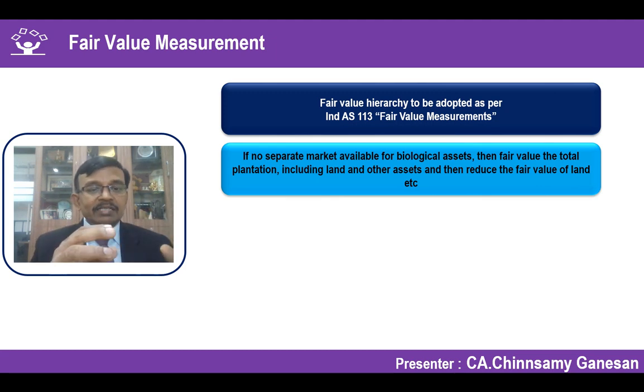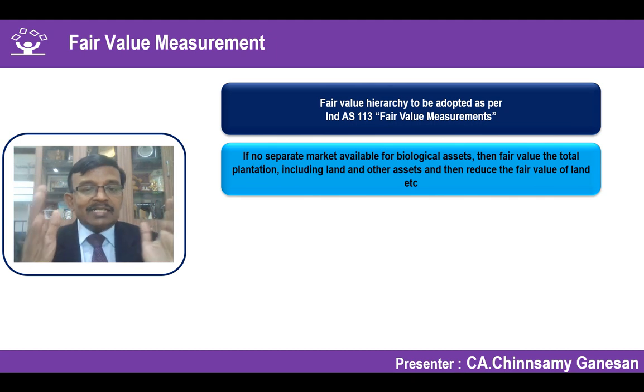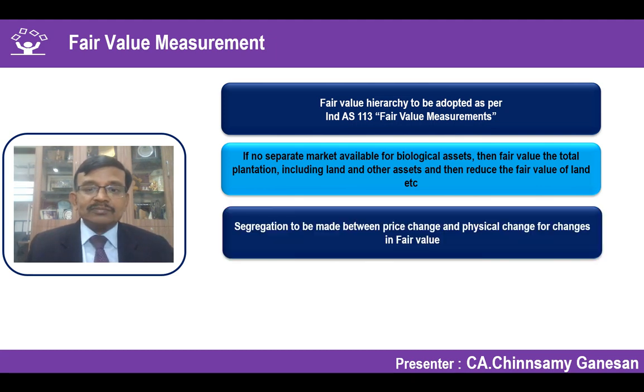The difference between these two is considered the fair value of the biological asset. So, if there is no active market, determine the consolidated value, eliminate the value of the land by separate valuation, and the derived value is taken as the fair value of the biological asset.